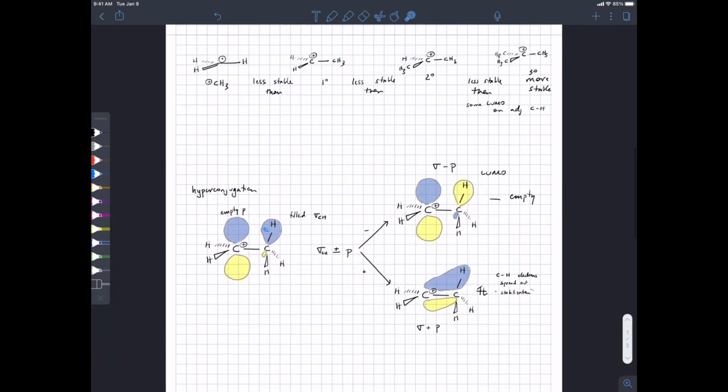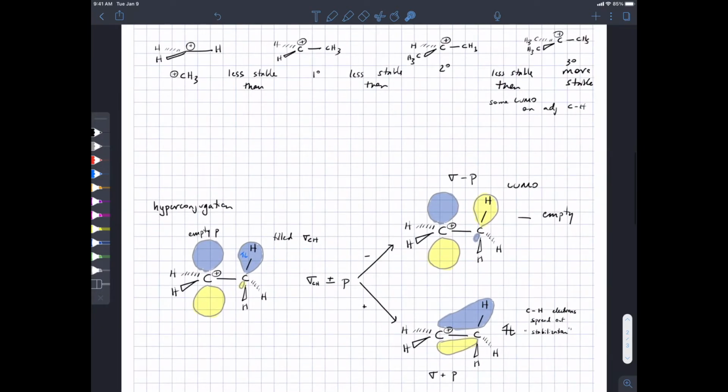So as you introduce more alkyl groups, you have more chances for sigma to p hyperconjugation. And that leads to more stability. Okay? Questions you want to ask about that?